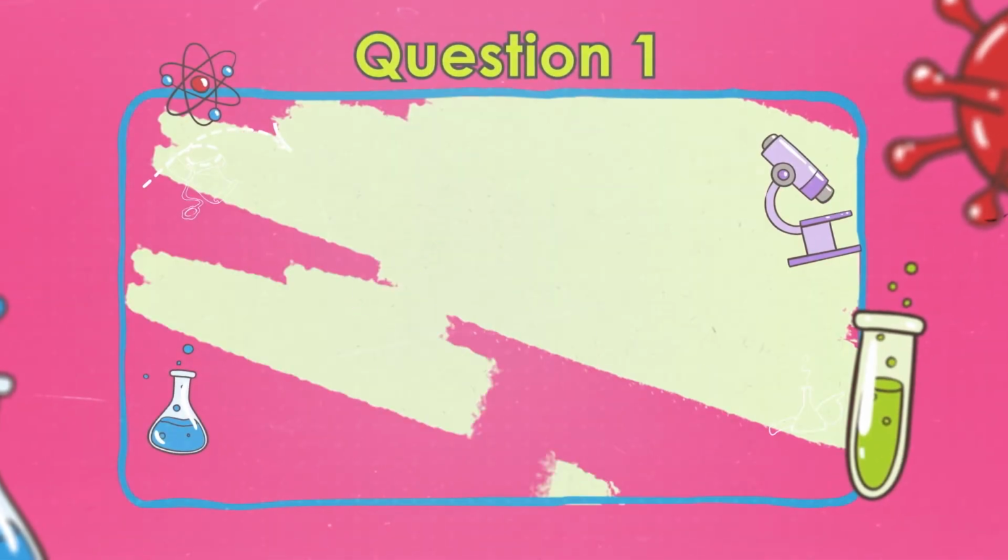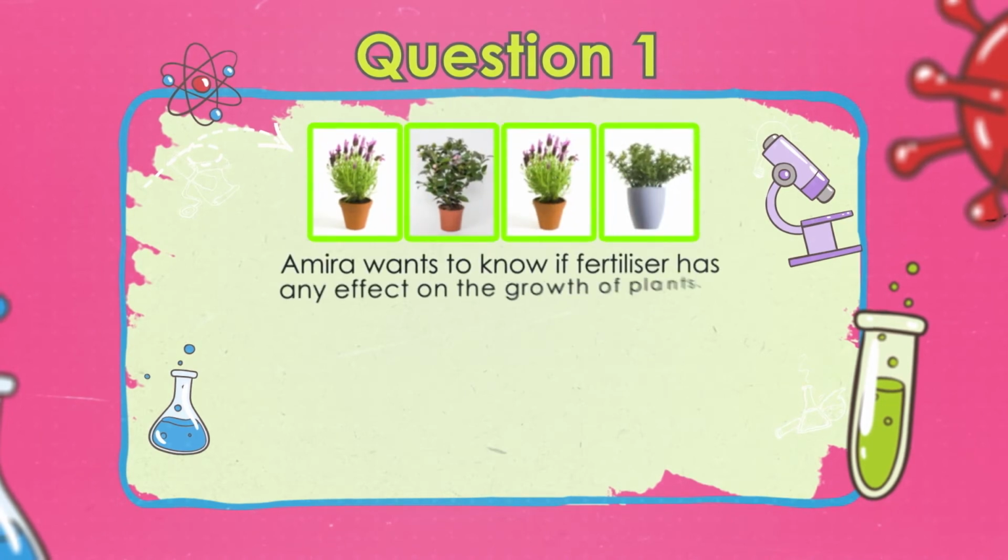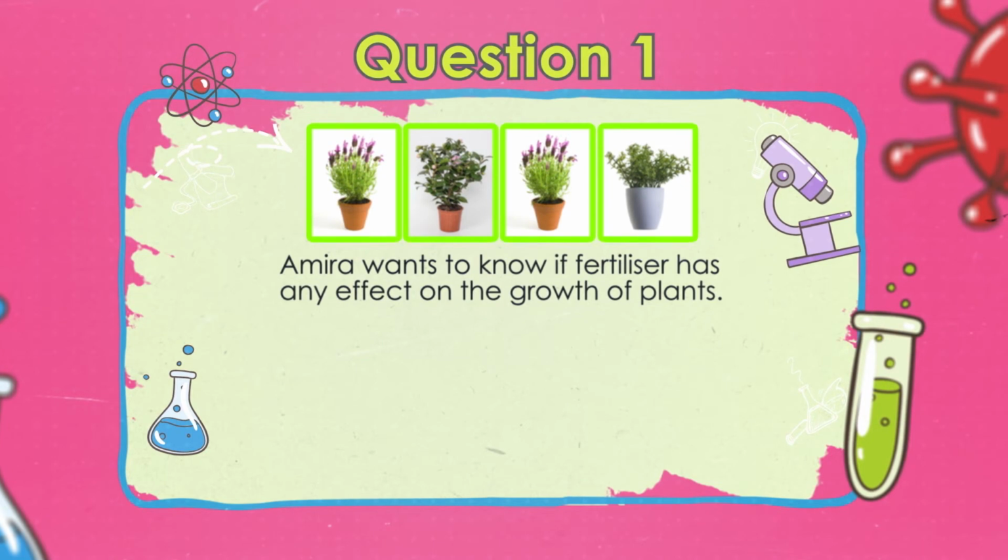Assessment. Let's find out if we can answer some questions to enhance our understanding of the science process skills and the scientific method. Let's take a look at the question. Amira wants to know if fertilizer has any effect on the growth of plants.